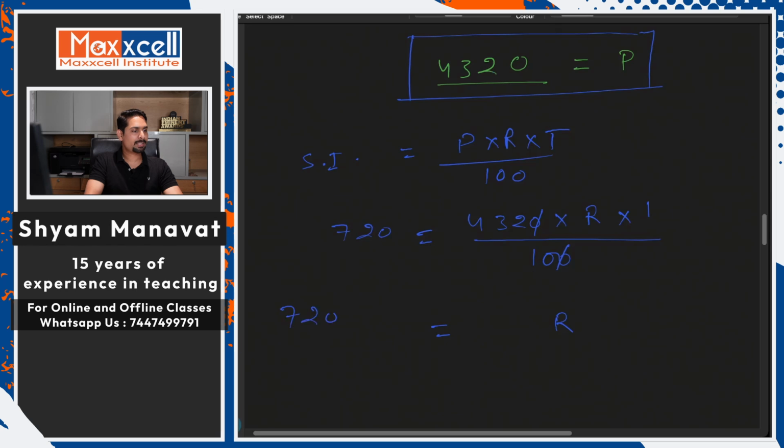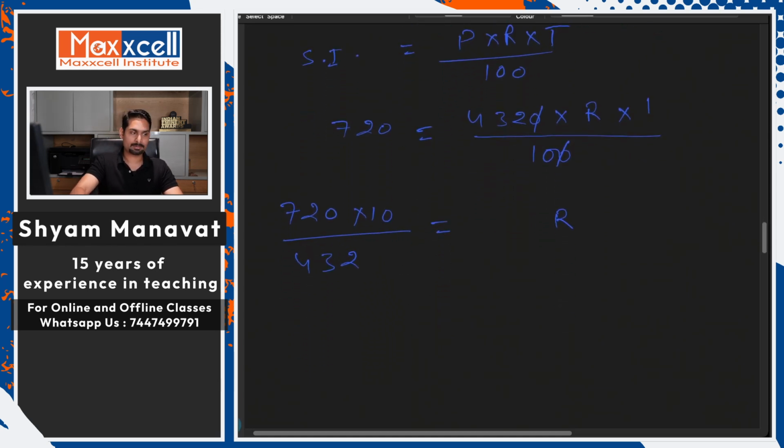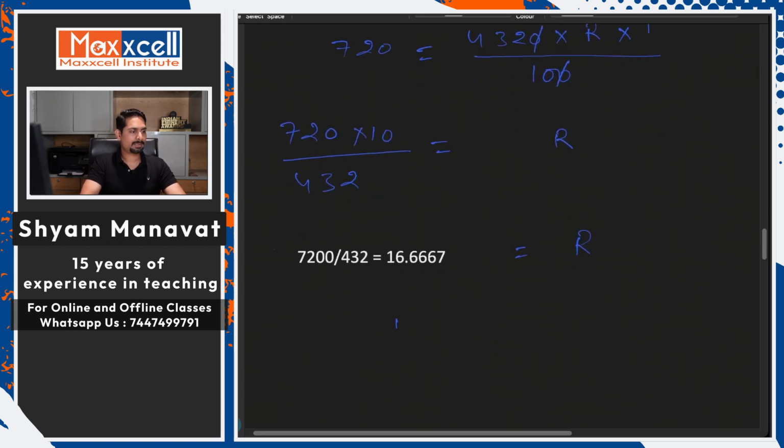You get 720 multiply by 10 divide by 432 into 1. Okay, 1 has no significance in writing multiplication or division. I'll keep it like this. So your answer will be 720 by 432, that is 16.66%, or if we round it off, we take the closest value, 16.67%.